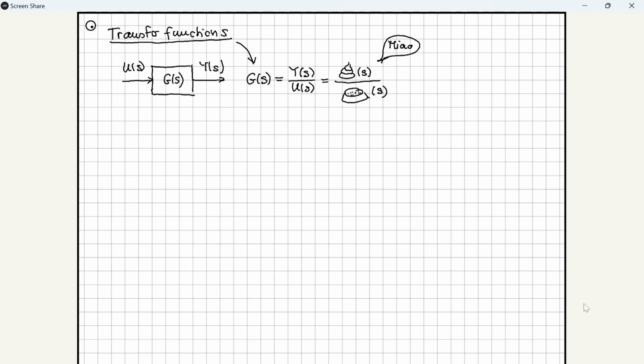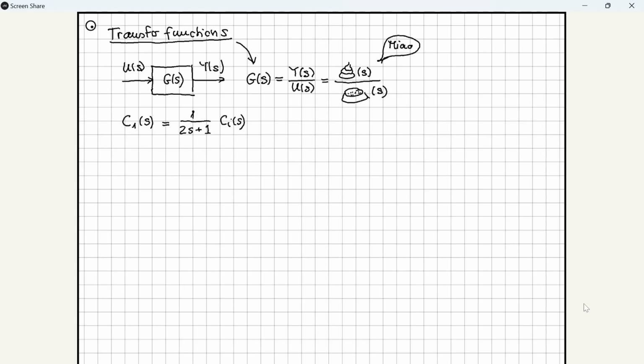It's the output over the input. All right. So this makes more sense if we're looking at particular processes. You may remember that we looked at the concentration C1 of S, which was defined as 1 over 2S plus 1 times Ci of S in our previous video.